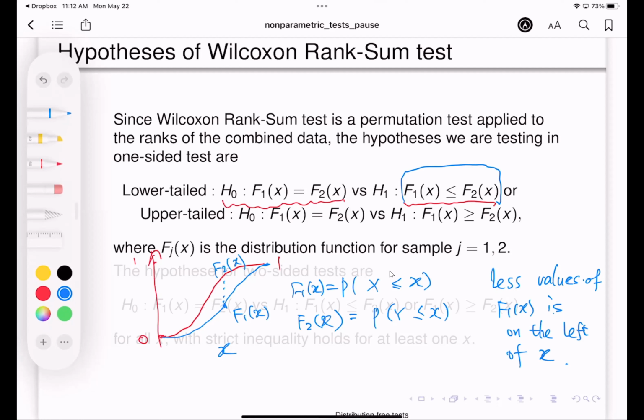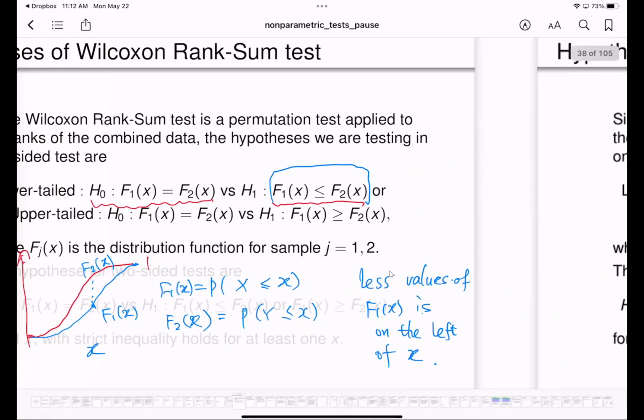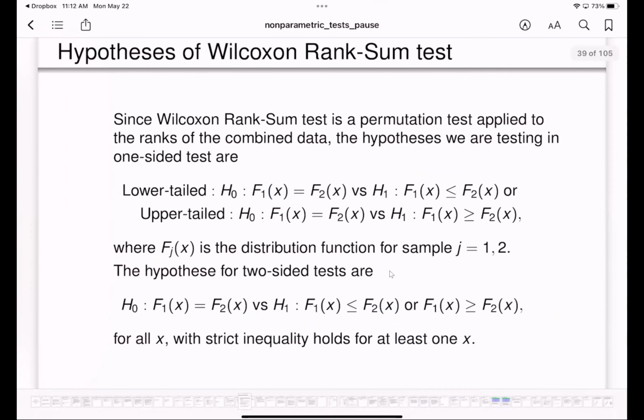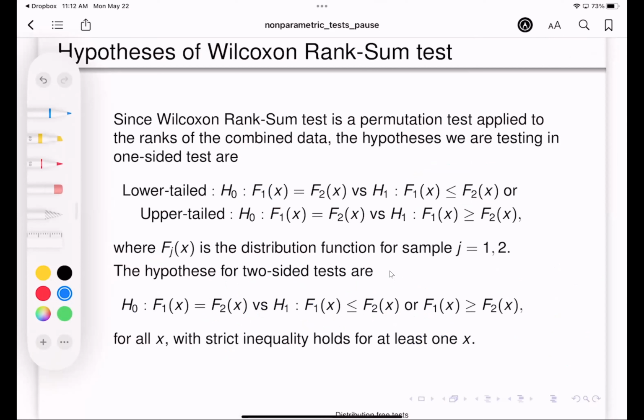And the upper tailed research hypothesis is F1 greater than or equal to F2. If F1 is greater than or equal to F2, that means more of the X values are smaller. Okay. So that's a one-sided hypothesis. For the two-sided hypothesis, we are looking at F1 less than or equal to, or F1 greater than or equal to F2. So that's the two-sided hypothesis.